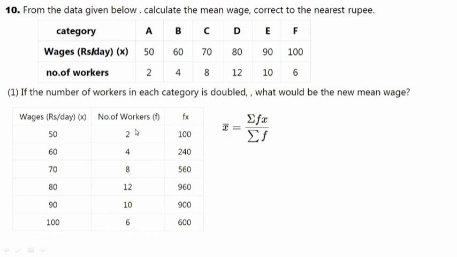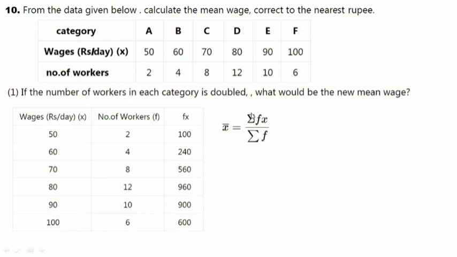Fx is 2 into 50, that is 100. 4 into 60 is 240. 8 into 70, 560. 12 into 80, 960. 10 into 90, 900. 6 into 100 is 600. So we found the fx also.